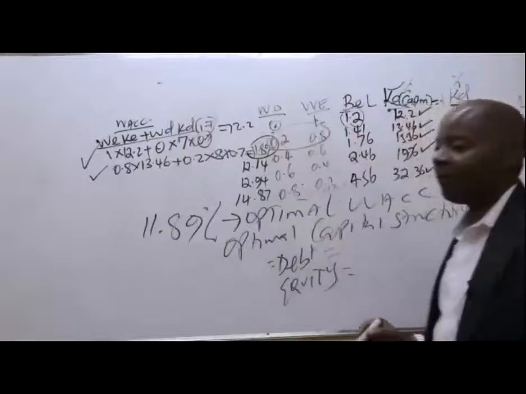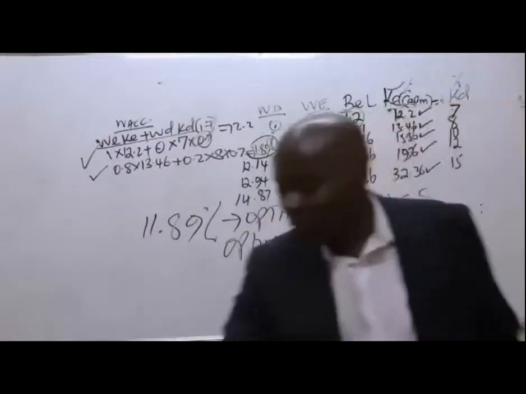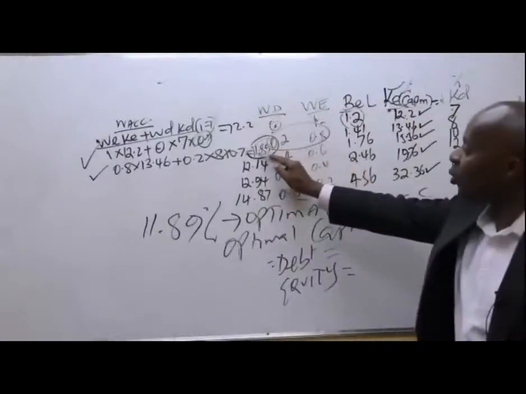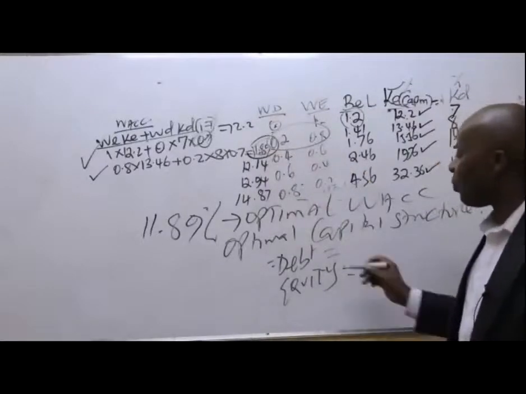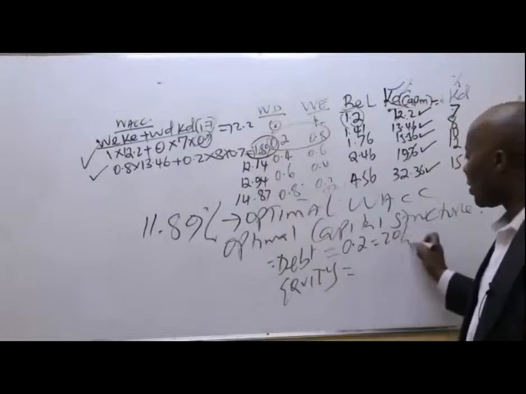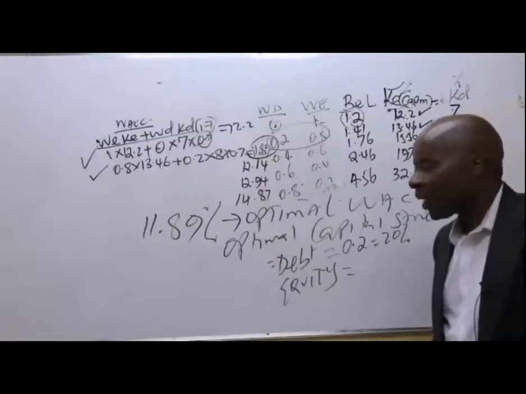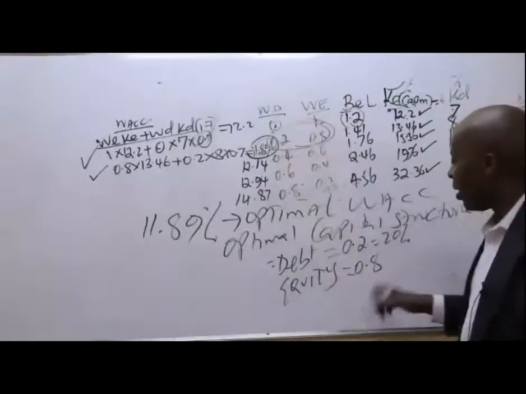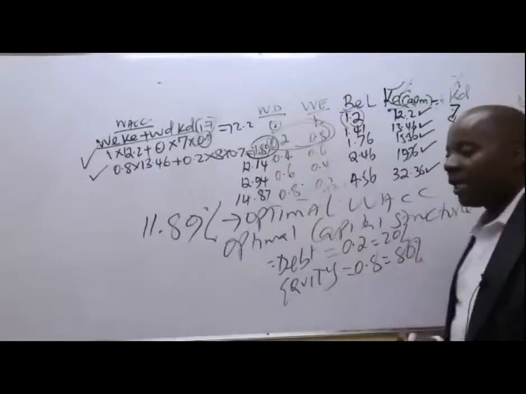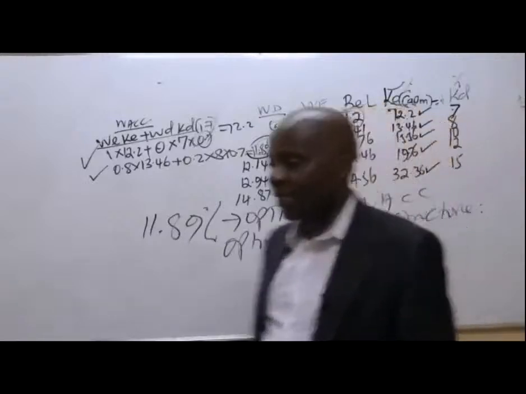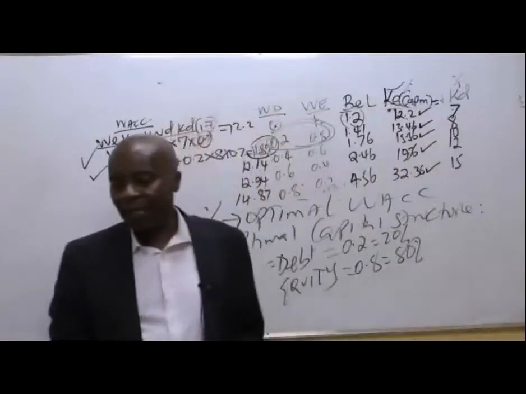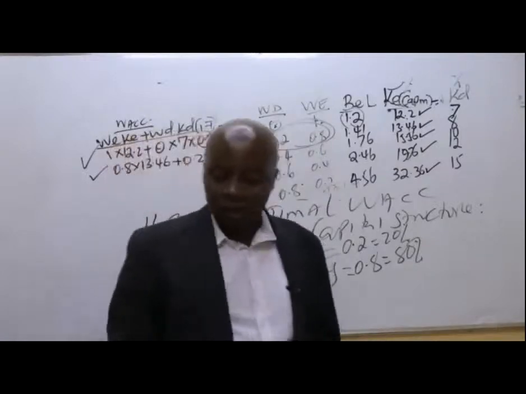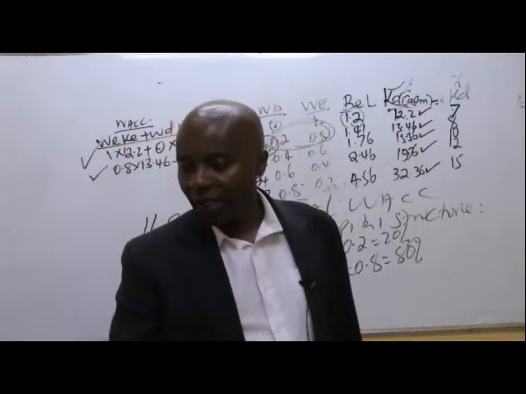So the weight of debt, which corresponds to this best WACC, is 0.2, which is the same as 20%. And then we have equity. Equity will be 0.8, which is 80%. So is there anybody who has a question regarding what we have done today?